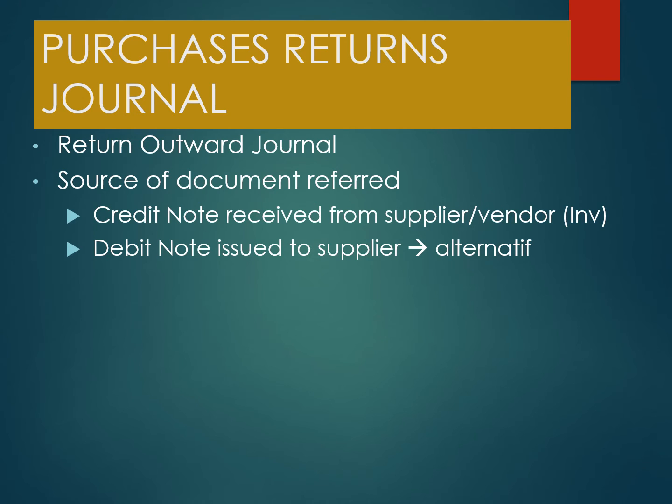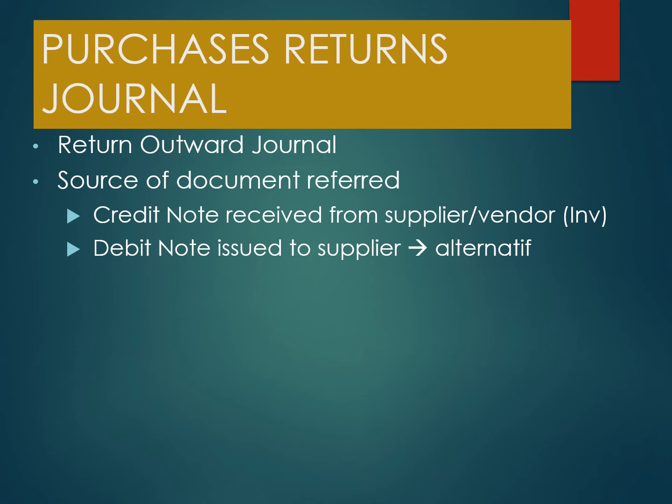However, if your supplier is quite far from your premises, you may use the debit note issued to the supplier as an alternative source document to record the purchases returns, because the debit note issued to the supplier represents what we send out to the supplier.